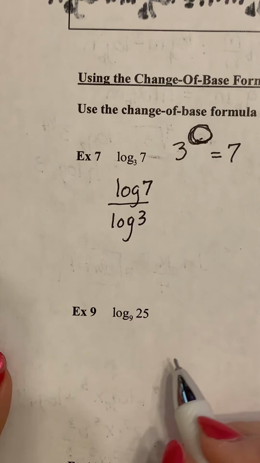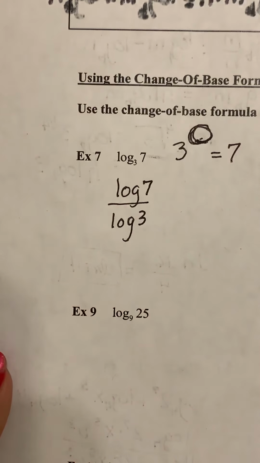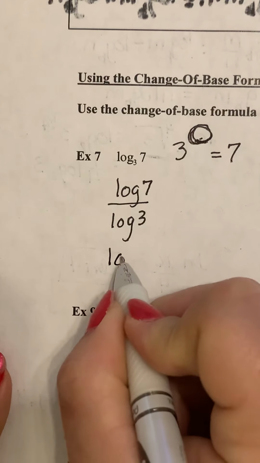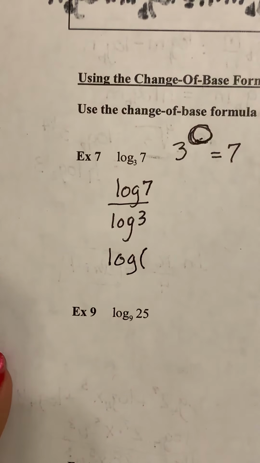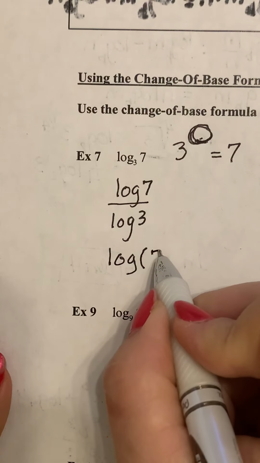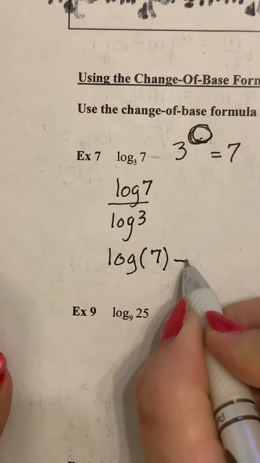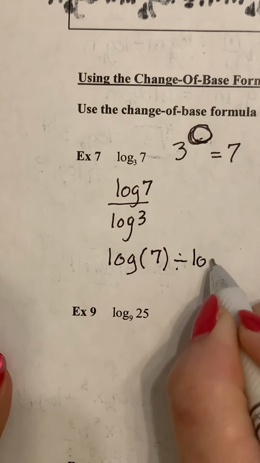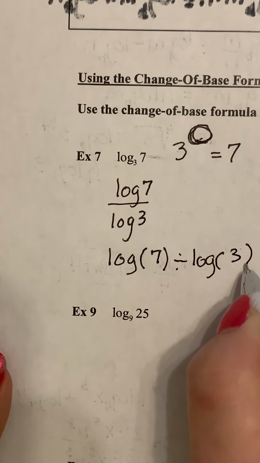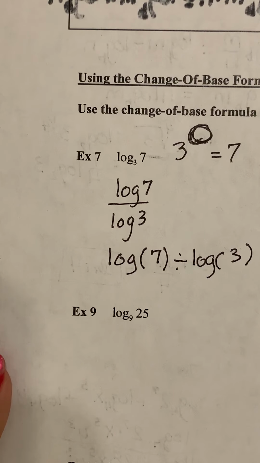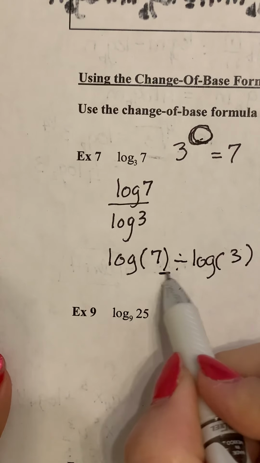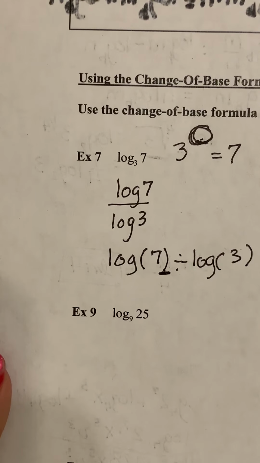So what I'm saying is, when you go to push log on your calculator, you will get a set of parentheses. And you're going to put 7 and end that parenthesis before you do the division and then do log of 3 on your calculator. Make sure that you end this parenthesis before you do this.